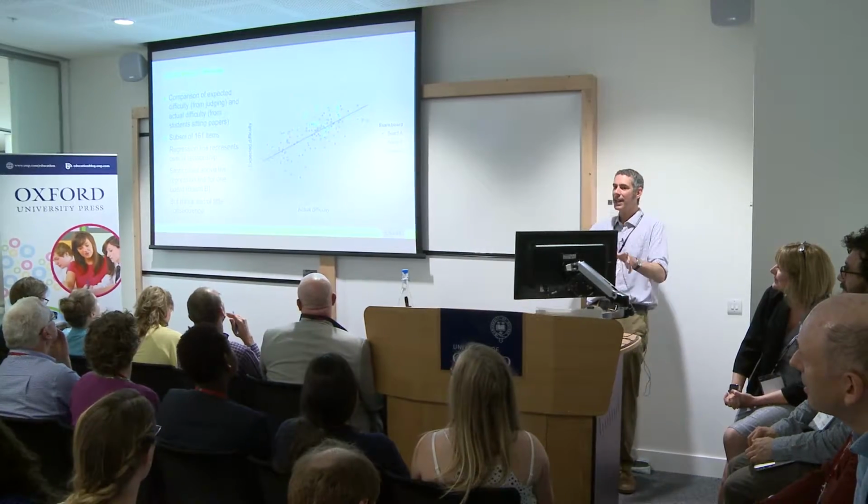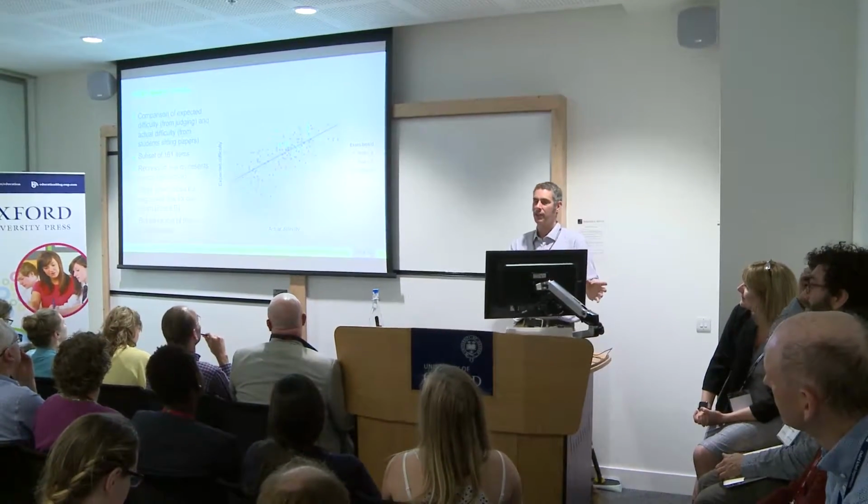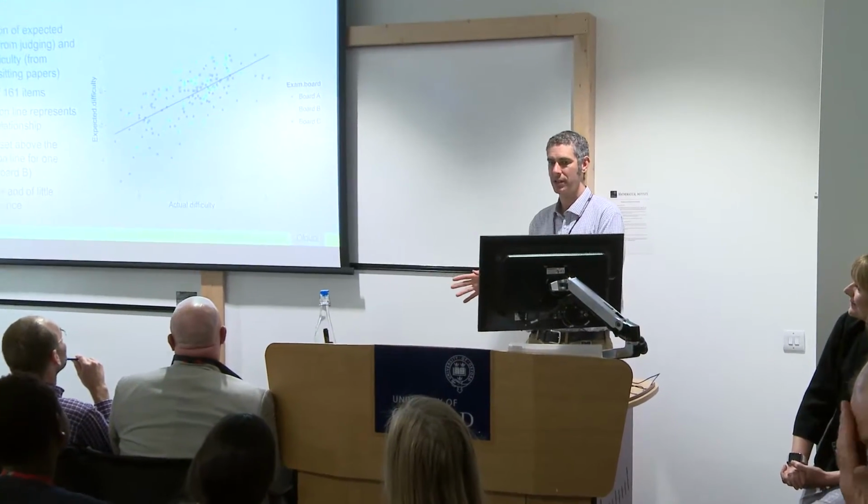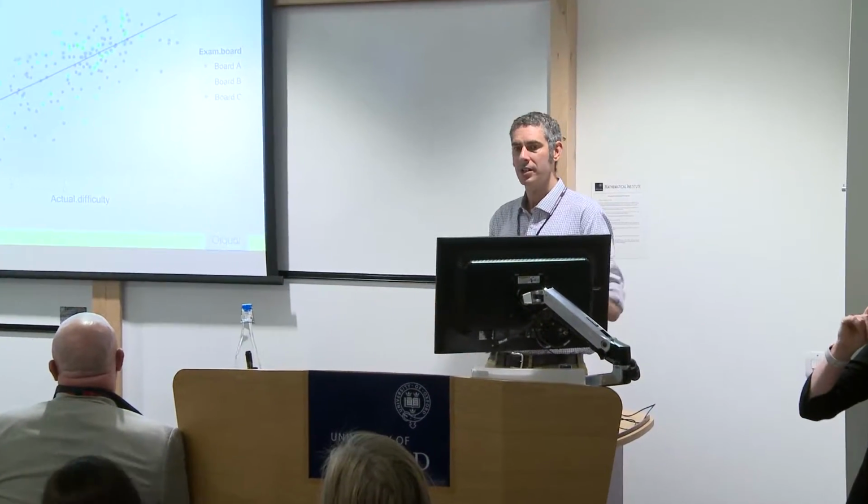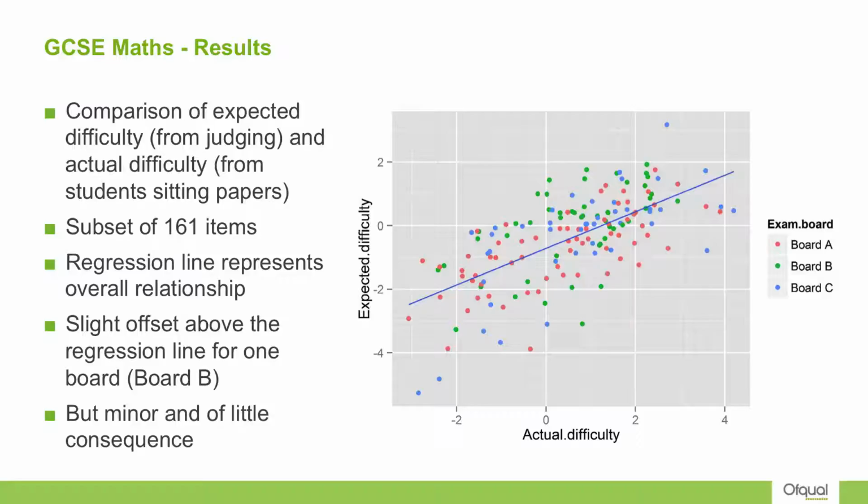I'm going to focus on the relationship between our judgments of difficulty and the difficulty experienced when the students sat the papers. This is just the subset of items from the non-calculator papers. We've got actual difficulty on the x-axis, expected difficulty on the y-axis, and through the middle I've plotted the regression line that shows the mean relationship between these two measures.